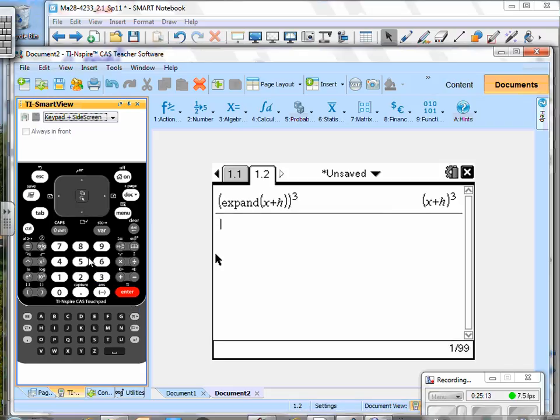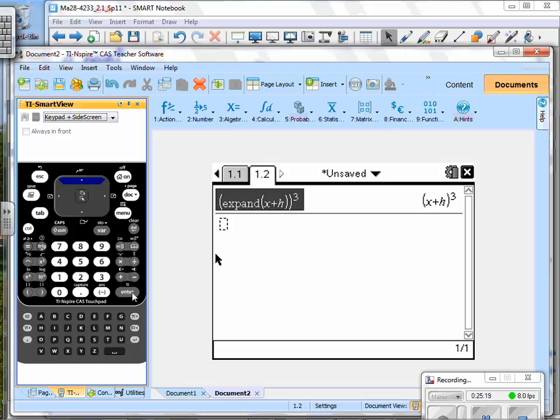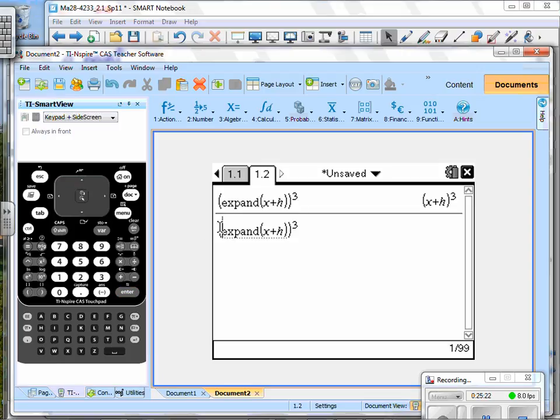Well, it should work there. Let me get back up here. I've got an extra set of parentheses that I don't need. So let's do this. There we go.